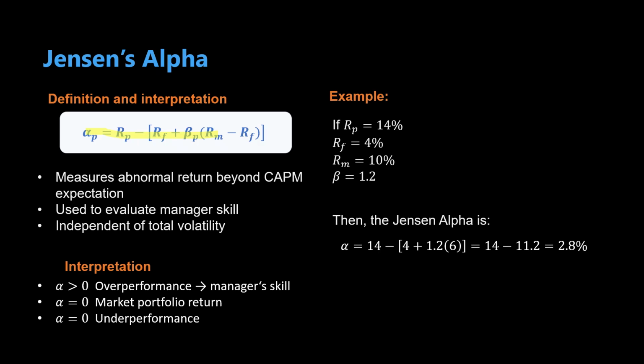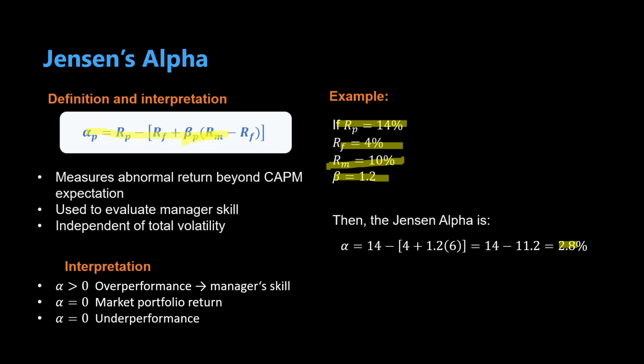If portfolio return is 14%, risk-free rate is 4%, market return such as S&P 500 is 10%, and beta is 1.2, then using the given formula here, the Jensen's alpha is 2.8%, which is greater than 0 and shows the outperformance of the market portfolio that may be due to the manager's skill.